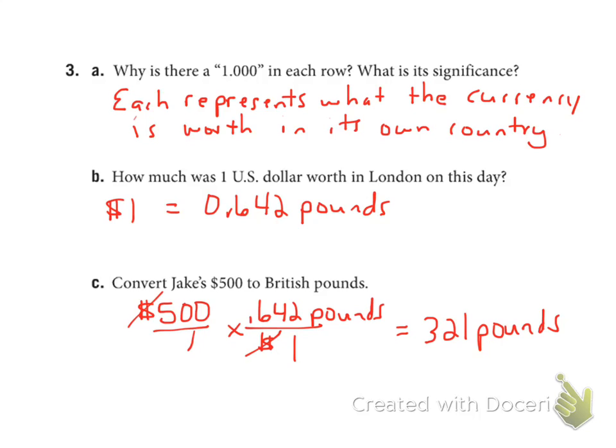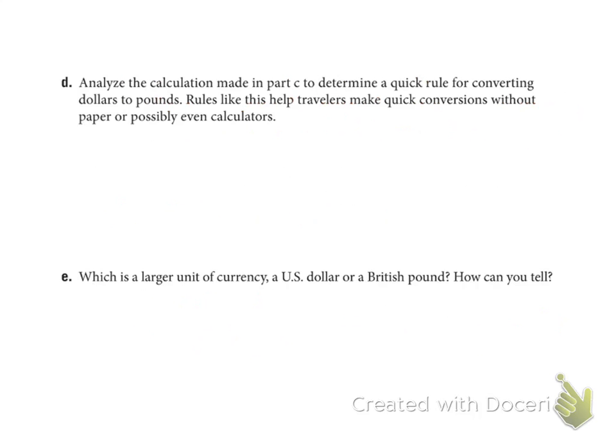Well, since you've done one of them with the ratio, now you know for any dollar amount, you just have to multiply by 0.642. Does that make sense? So you don't really have to set up the ratio as long as you know that. So that would be a bit of a shortcut. I agree. But it is a little bit of a shortcut as opposed to setting up the whole ratio each time.